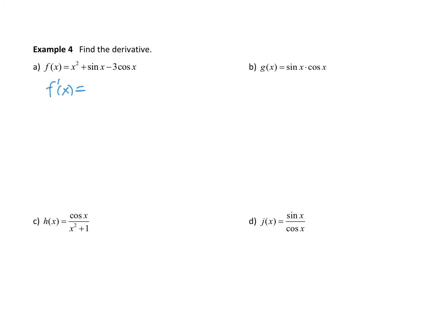So x squared gives 2x to the 1 power. So power rule, the exponent comes down and you subtract the exponent by 1. So I got that. Second term is sine x. We just learned that the derivative of sine is cosine x. And then minus 3 cosine x. Again, derivative of cosine is negative sine. So negative 3 and then negative, that'll make it positive sine x.